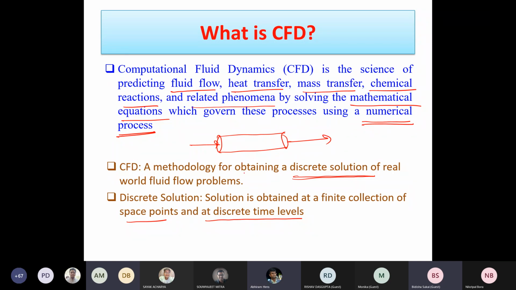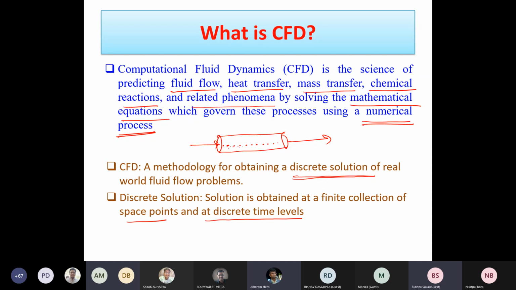So what the approach is that you will get the results at some discrete points. At a particular points you can get the solutions. Okay, so this is why, although this is a continuous domain, you are getting the results at some points. And what we do generally, these points we consider at a very close distance so that it appears to us as a continuous.